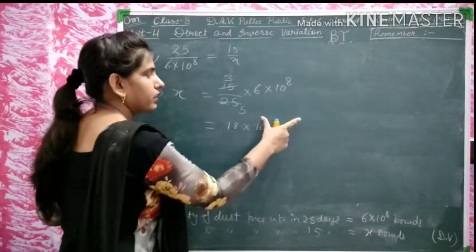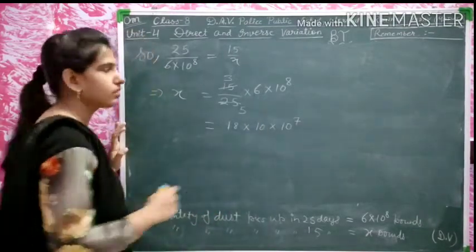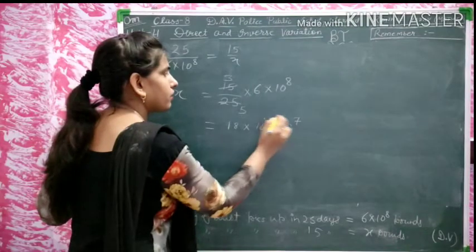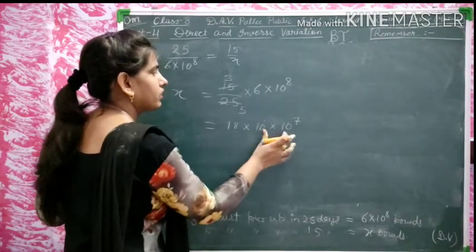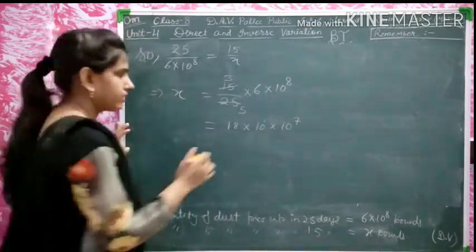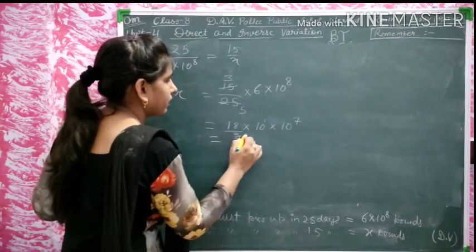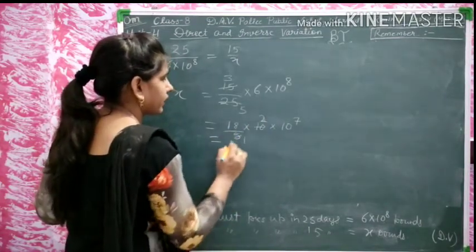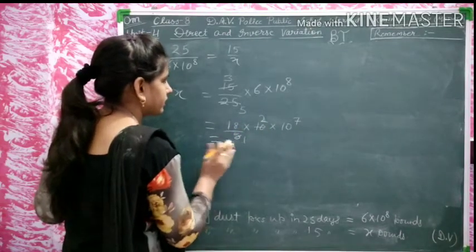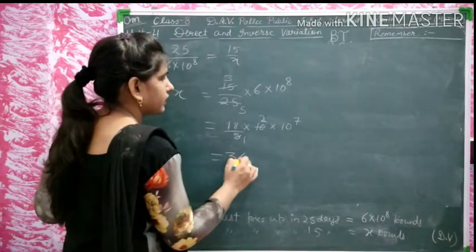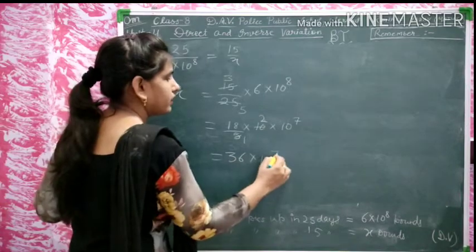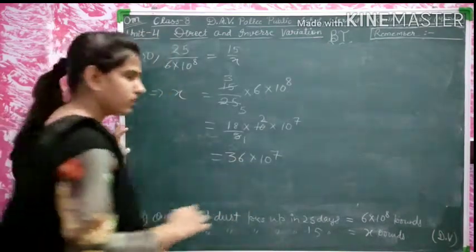So multiplying, the powers are added there, and we divide by 5, 5 into 5, 5 twos are 10, 18 into 2 is 36. That equals 36 into 10 raised to power 7. We will get this answer in pounds.